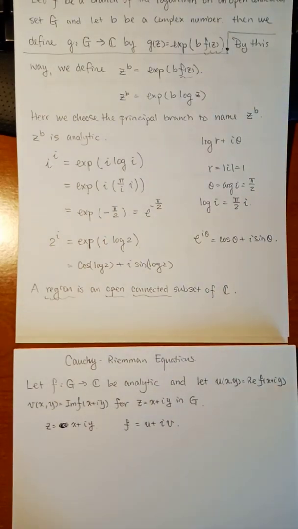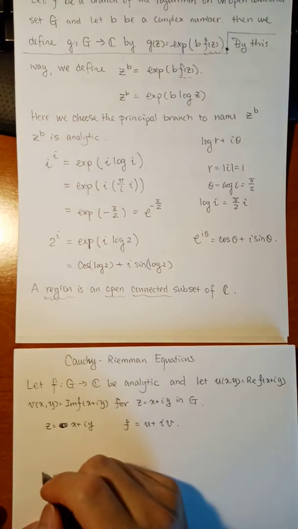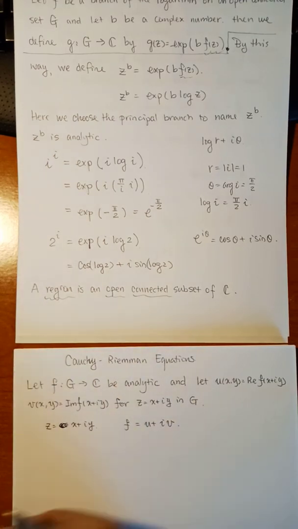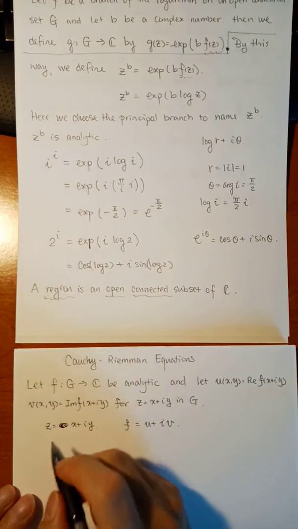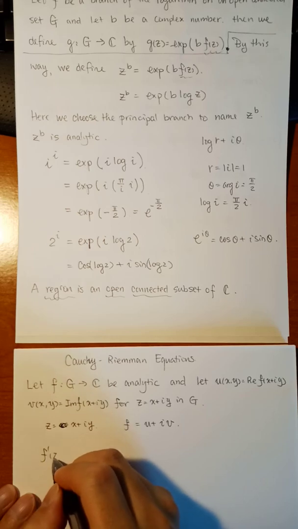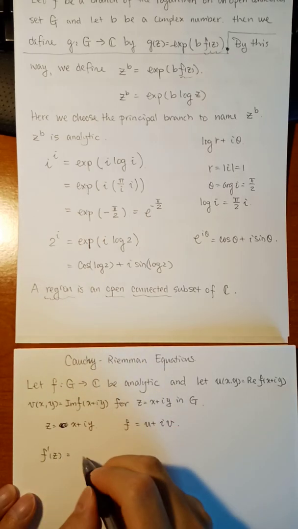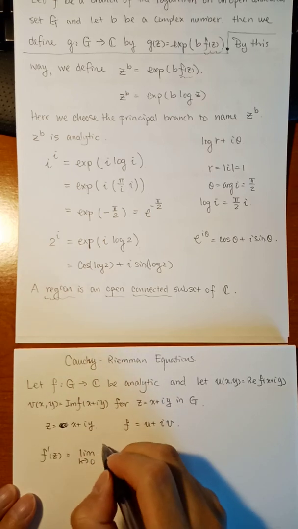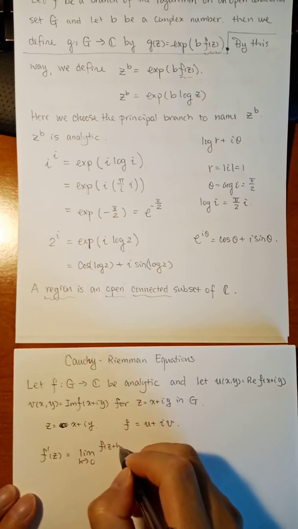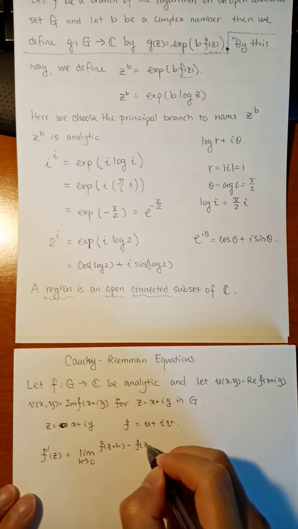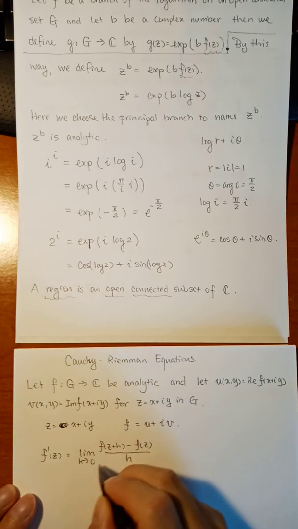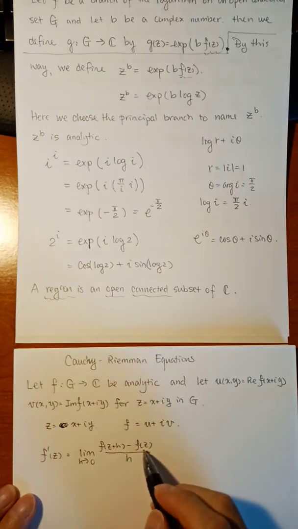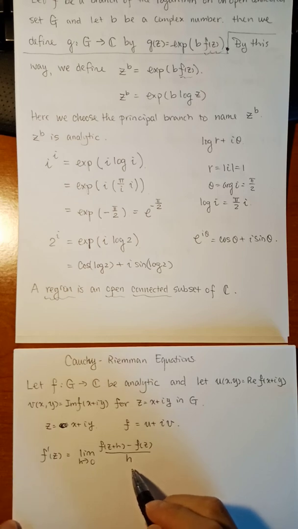Okay, for the two-dimensional setting, remember that when we get the derivative, the derivative is this way. The limit as h approaches 0 of f(z+h) minus f(z) over h.